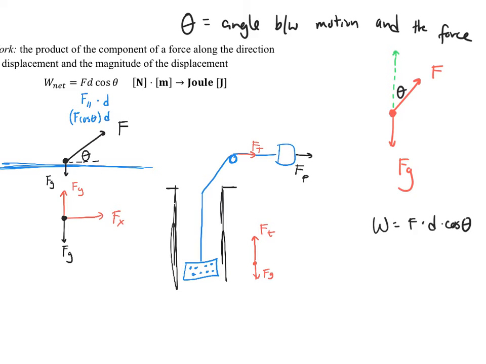We kept using theta as the angle between the force and the horizontal. It was always theta. And then we got to inclined planes and realized theta could change. Well, here's another example where with work, we're looking at the angle between the force and the direction of motion, which is shown in green here.